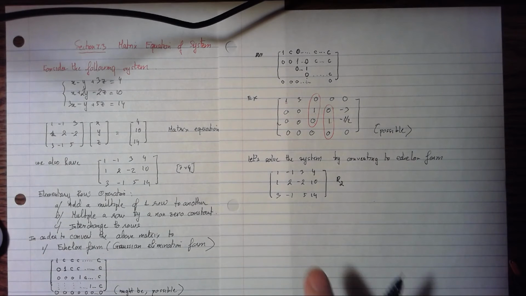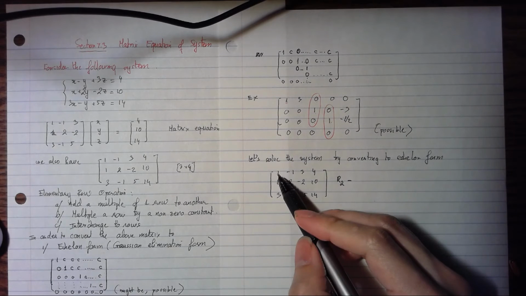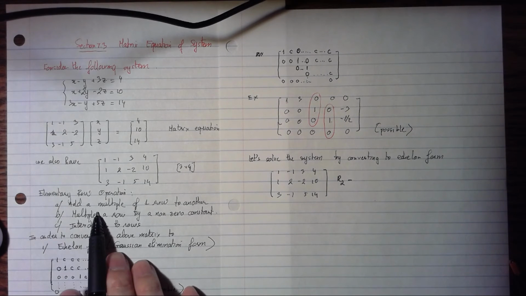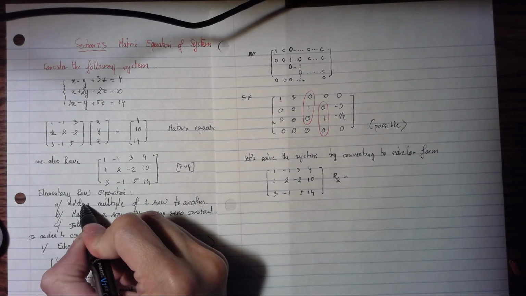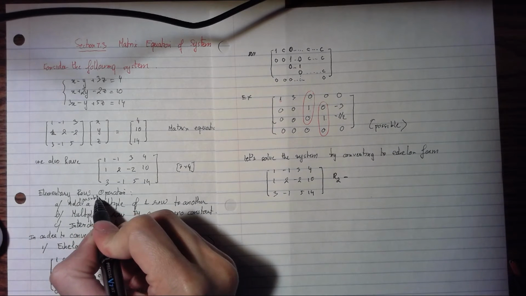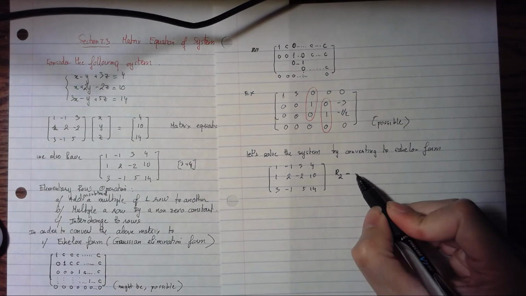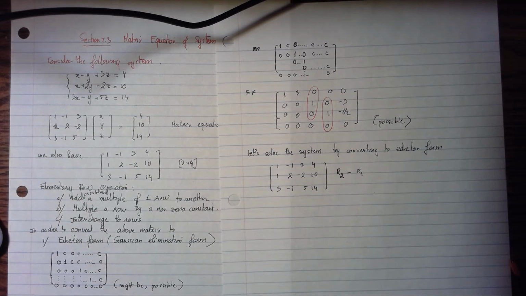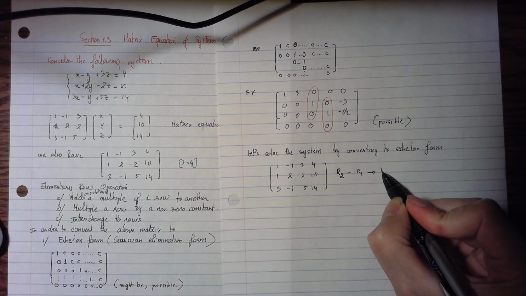If you take R2, you minus R1, because it means you add or subtract. I think I'm gonna put add or subtract. Subtract, I mean you add a minus sign, so this is the same. You minus R1, then it gives you the new R2.